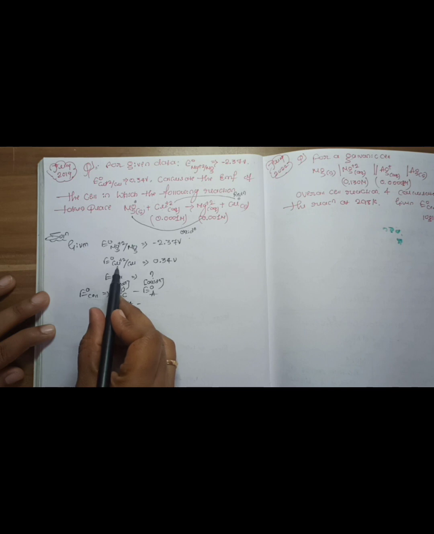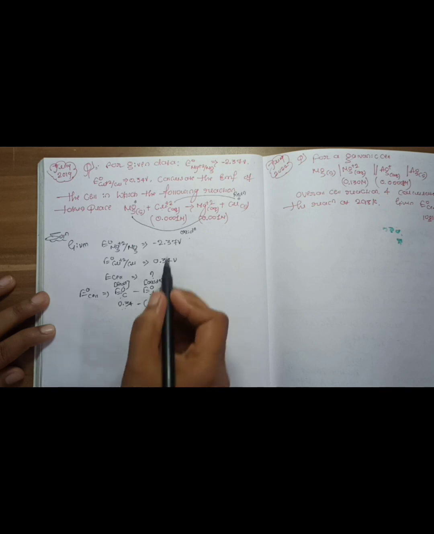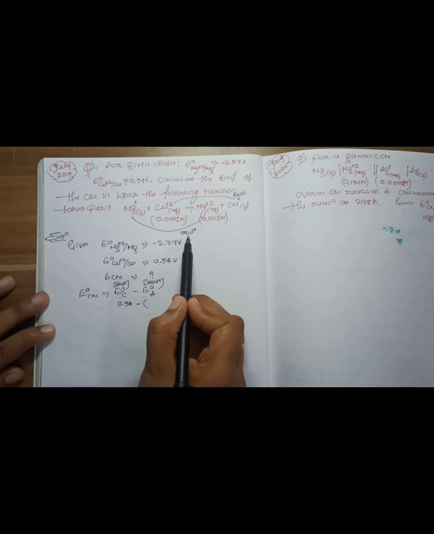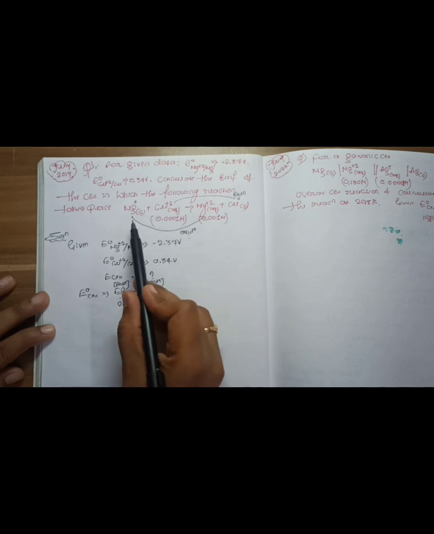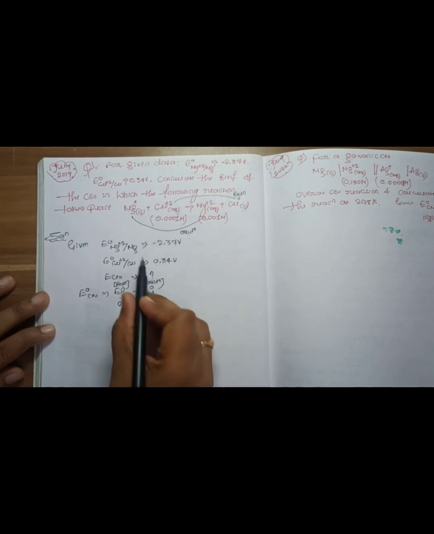Next, minus, and one more value: if one is undergoing reduction, the other compulsorily undergoes oxidation. Oxidation is undergoing magnesium to magnesium plus 2, so this value is minus 2.37.